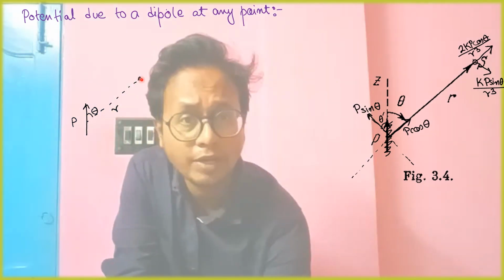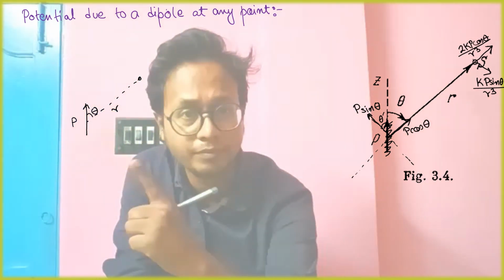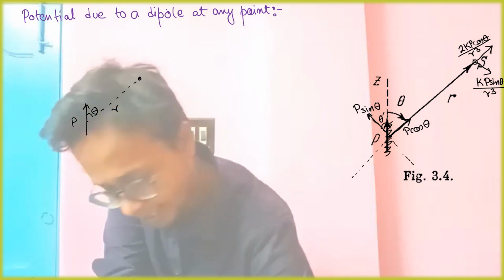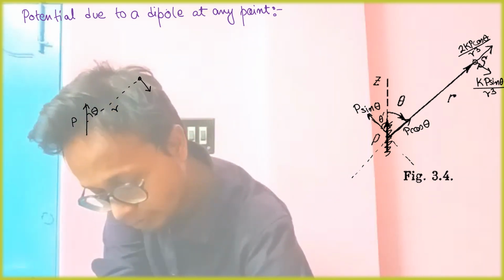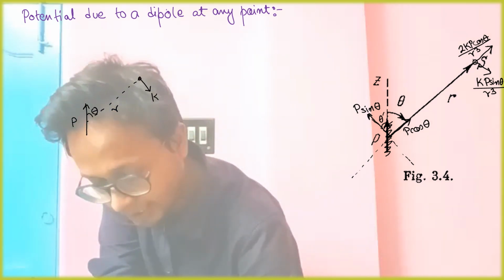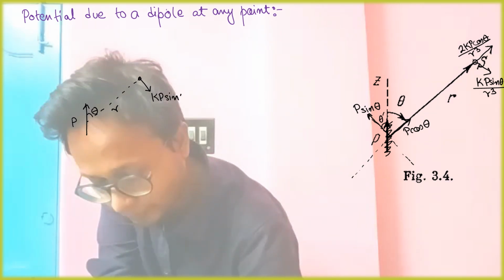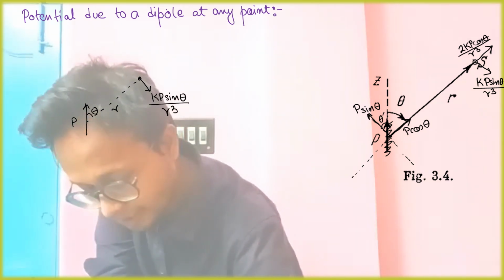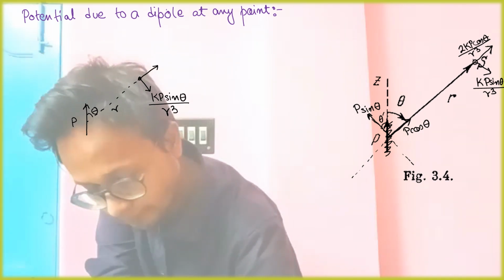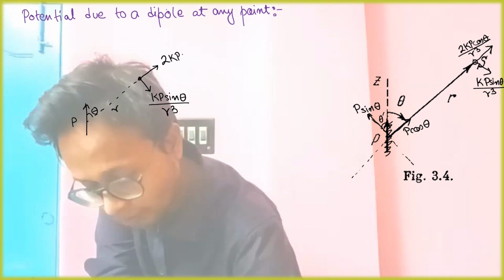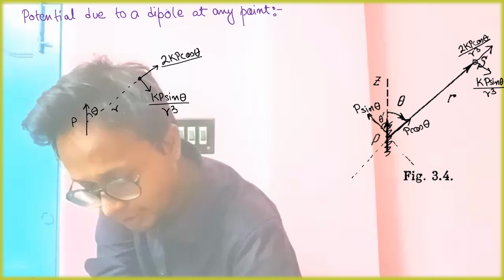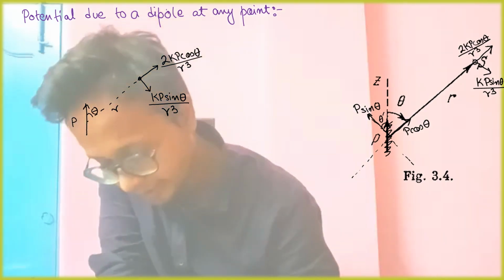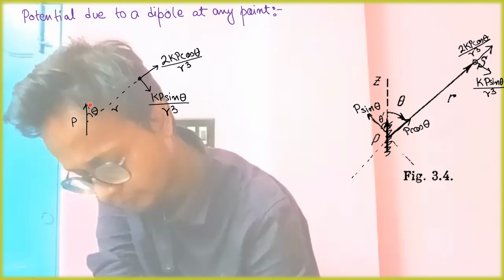The electric field perpendicular to r is kP sin theta by r cube, and the electric field along r is 2kP cos theta by r cube. Fair and fine. Now imagine this length to be infinite.